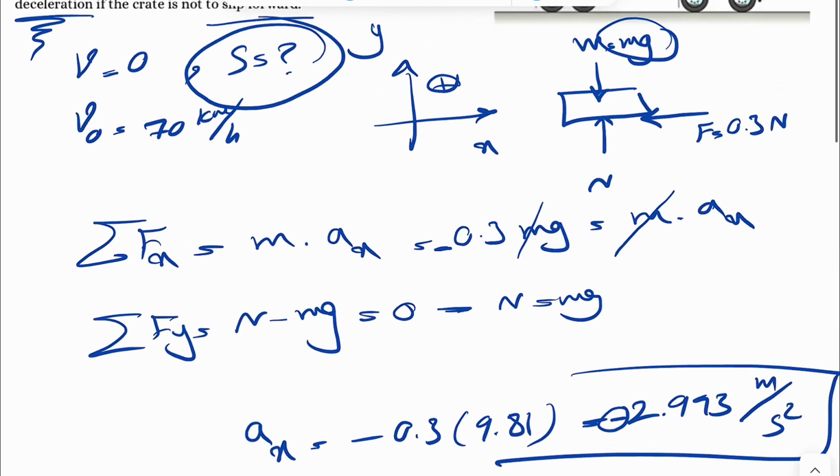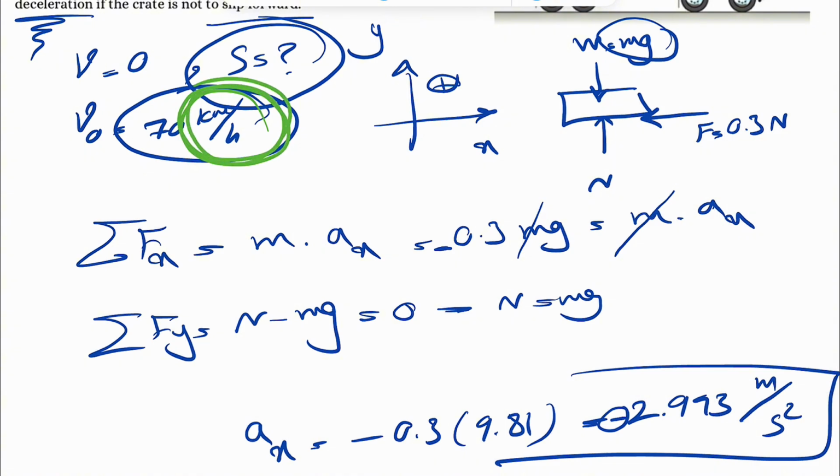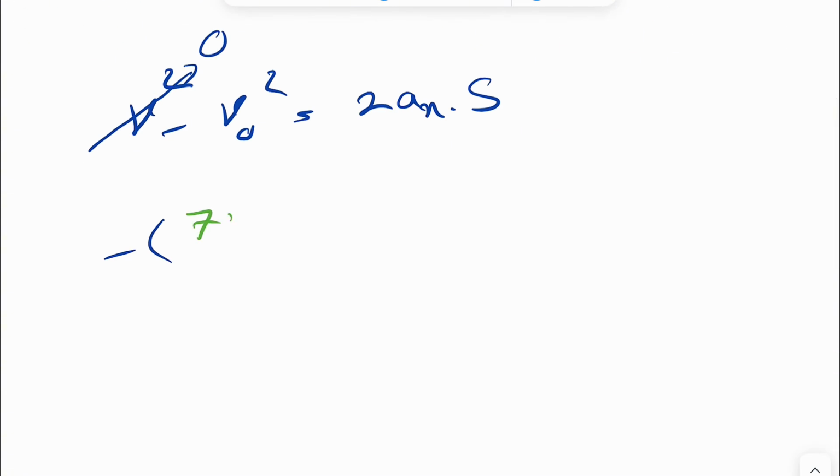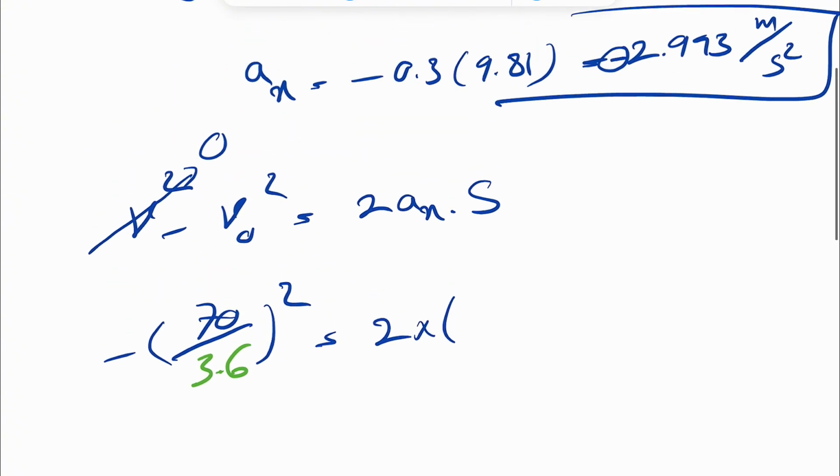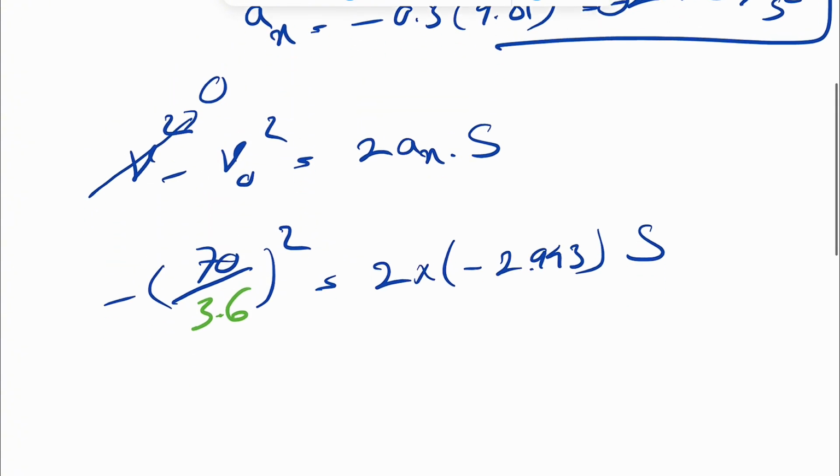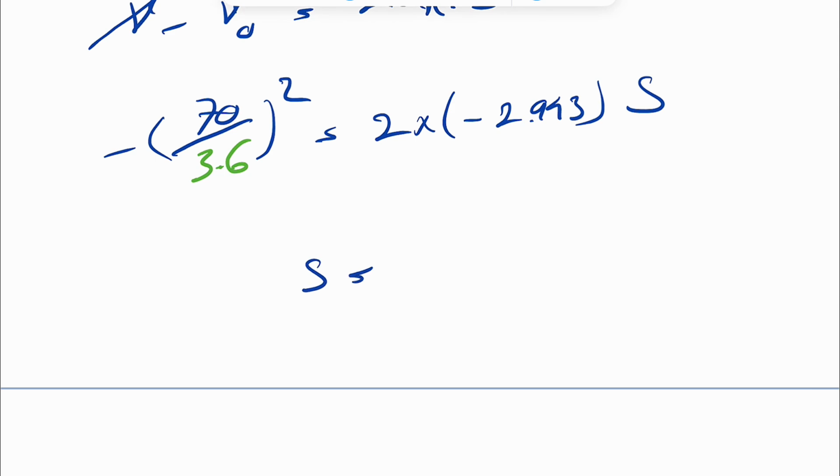The initial velocity is 70 km per hour. Keep in mind the unit is kilometers per hour, so we divide 70 by 3.6 for the unit conversion, squared, equals 2 times the deceleration, negative 2.943, times s.